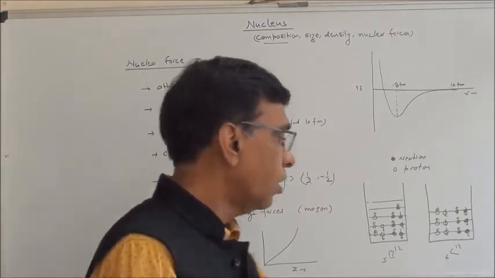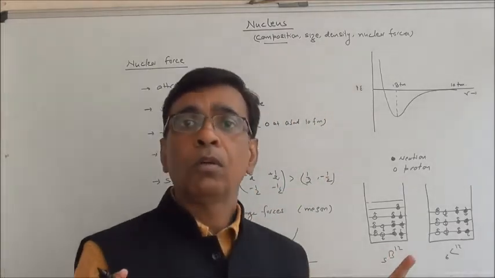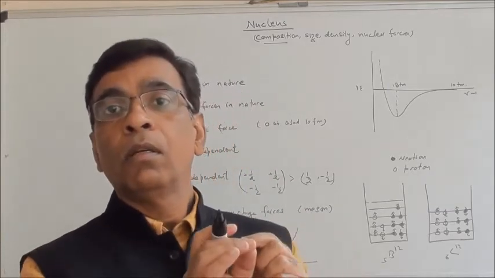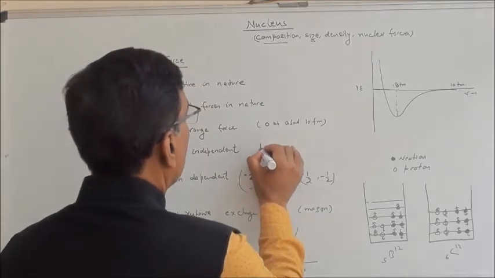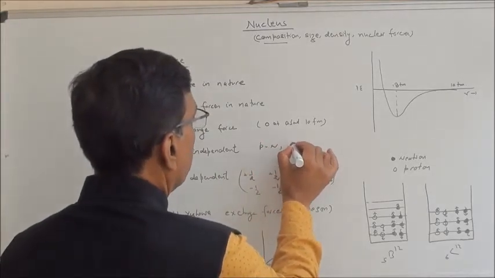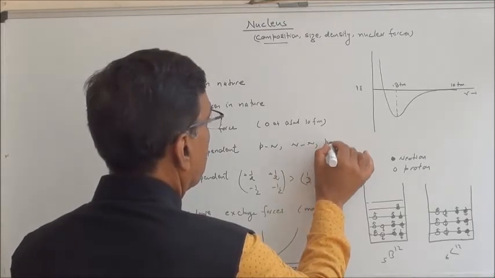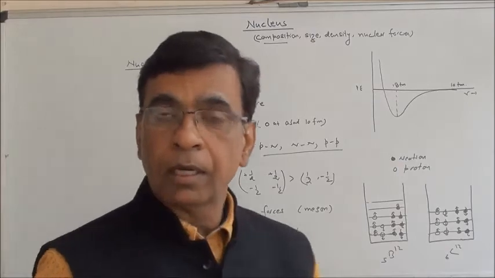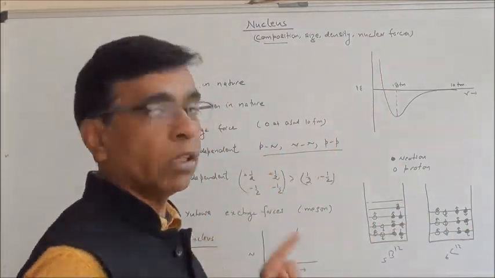Charge independent, which means it has nothing to do with whether the particle is a proton or a neutron. So it acts equally between proton and neutron, neutron and neutron, or proton and proton. This force acts equally between all these pairs.